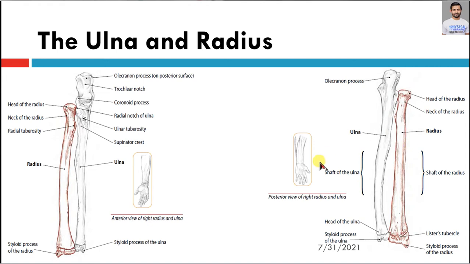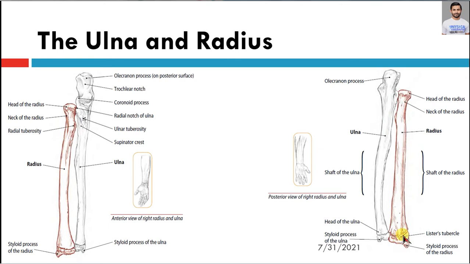This is the posterior view, and again on the posterior view you can clearly see the olecranon process and some parts of the head of the radius. The radial tuberosity and shaft are clearly visible in this view as well. There is also a tubercle called Lister's tubercle, which is a very important landmark when we are going to discuss the extensor tendons.